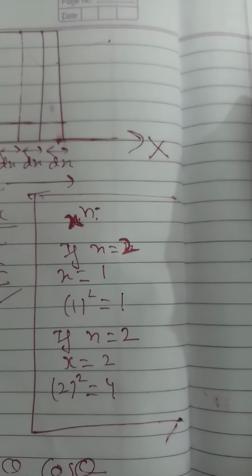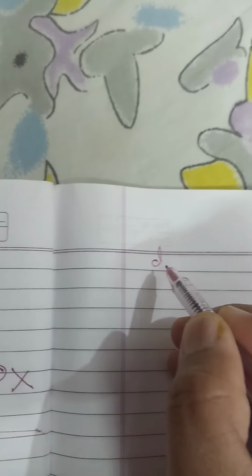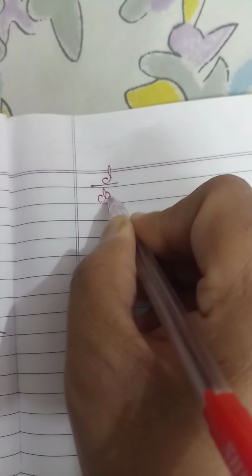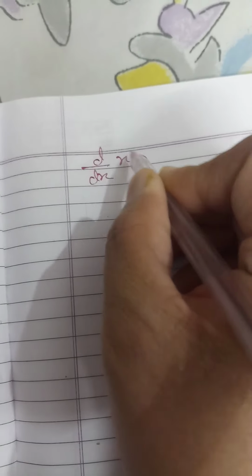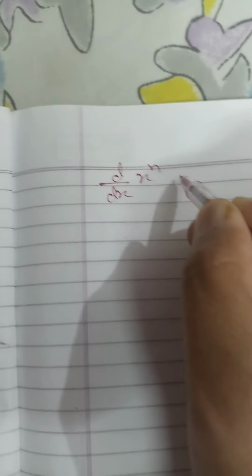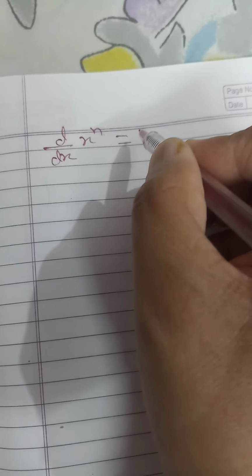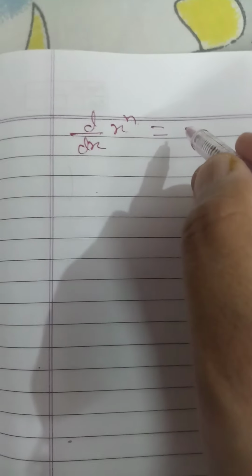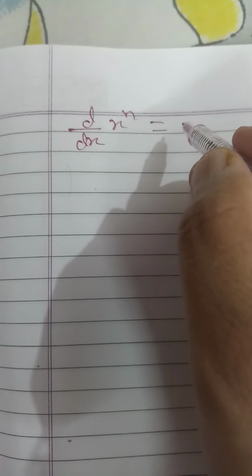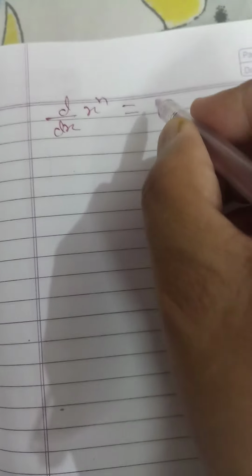Now suppose you want to differentiate this term, you write d by dx of x to the power n. The derivation of this formula you will learn in 11th and 12th class mathematics, but here in physics we are using only the general formulas. So d by dx means I am differentiating x to the power n with respect to x. How will I write it?